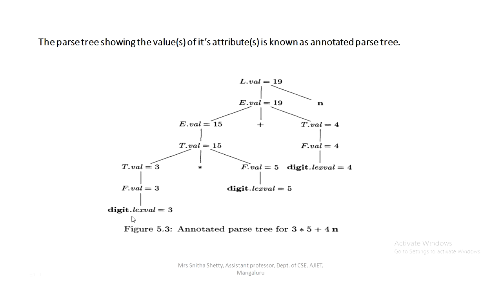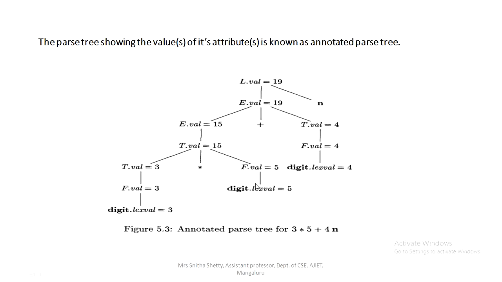Here the 3 is nothing but a digit, right? So it is digit dot lexical value, digit dot lexical value, digit dot lexical value. So 3 is getting reduced to F dot value, F dot value is reducing to T dot value.